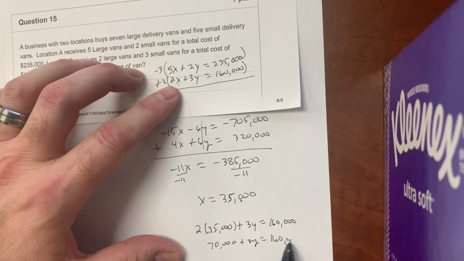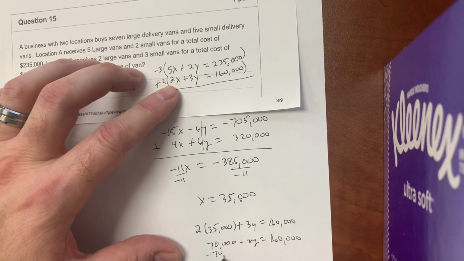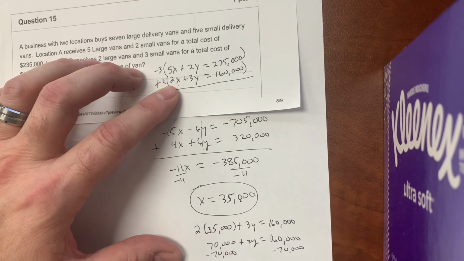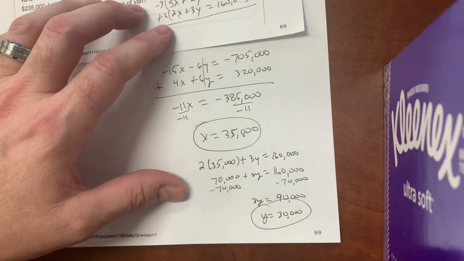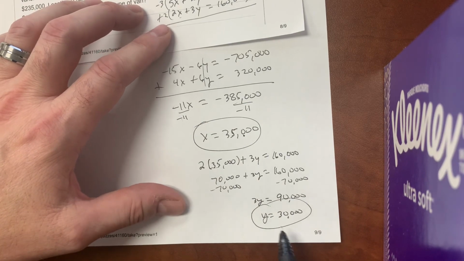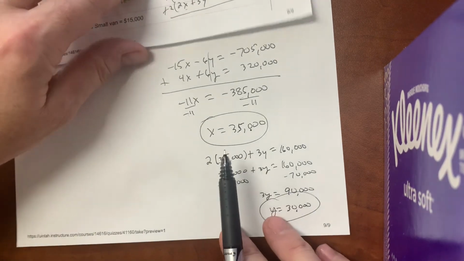Okay, and then to finish solving here, I can subtract 70,000. And when I subtract 70,000 from 160, I get 90,000. And then I divide by 3, and I get 30,000. So the large vans are 35,000, the small vans are 30,000. And there's the answers I'm looking for.